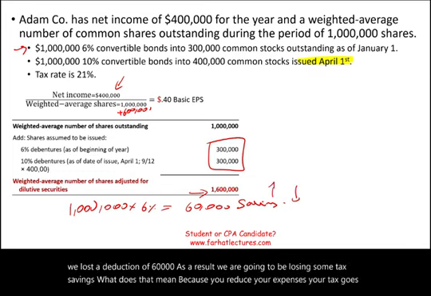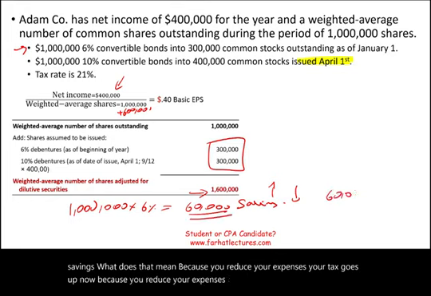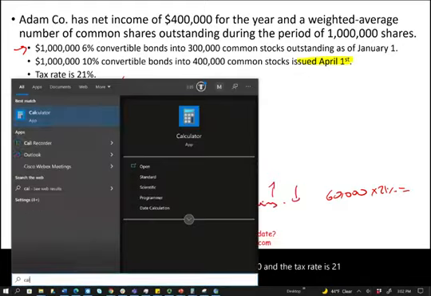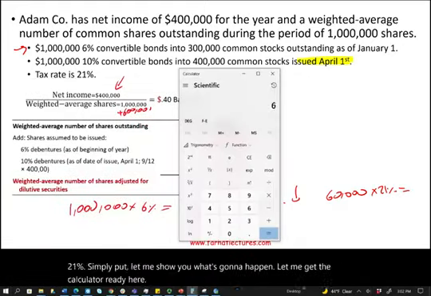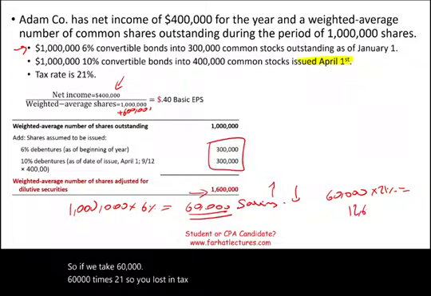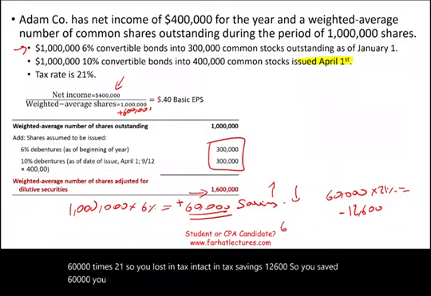Because you reduce your expenses by 60,000 and the tax rate is 21%, let me show you what's going to happen. Let me get the calculator ready here. If we take 60,000 times 0.21, you lost in tax savings 12,600. So you saved 60,000, you lost 12,600.